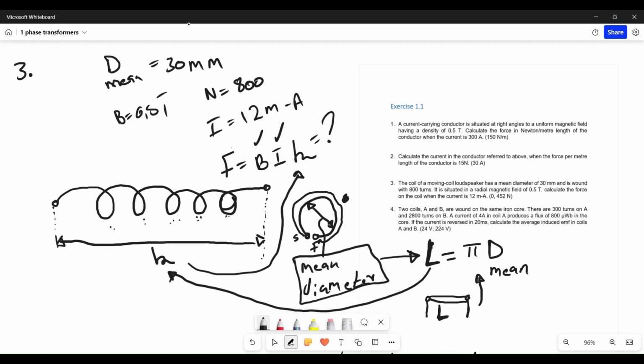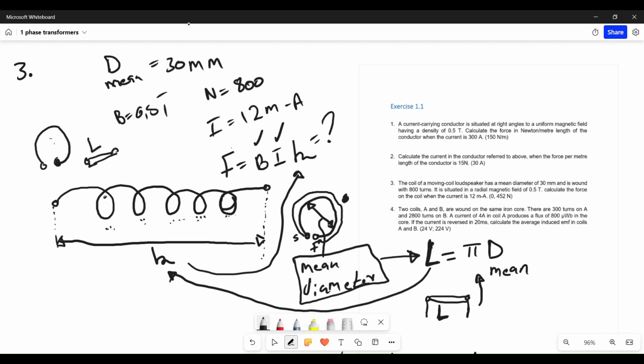So if you assume one turn, and then you take the length inside one turn, if we make it straight, meaning the length of this turn is the L that we're talking about.